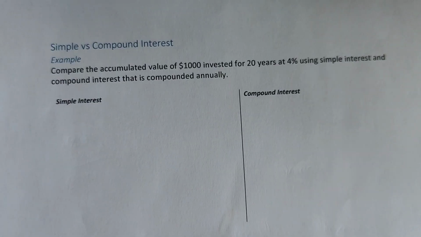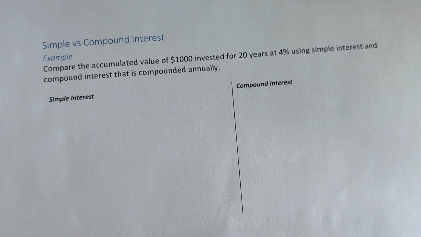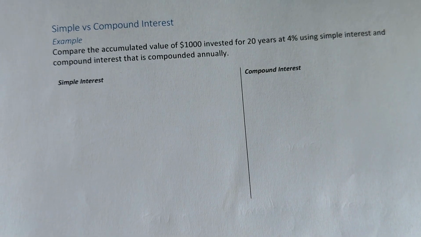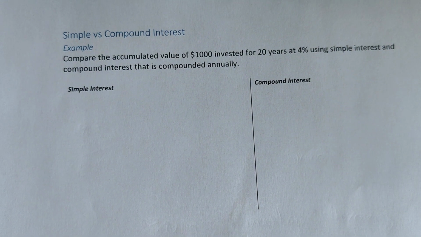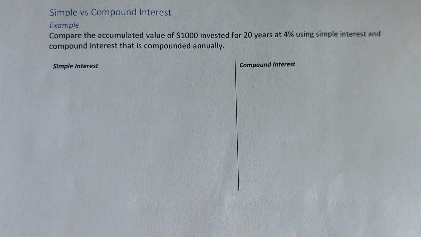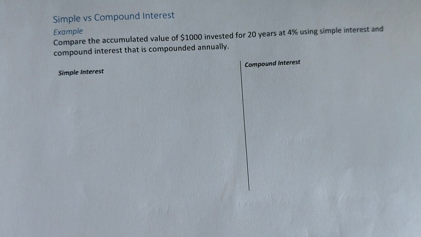We have a comparison of simple versus compound interest. Here we are going to compare the accumulated value for $1,000 invested over 20 years at 4% using simple interest, and then the same using compound interest, compounded annually, so I'm not worrying about some of those extra compounding periods.